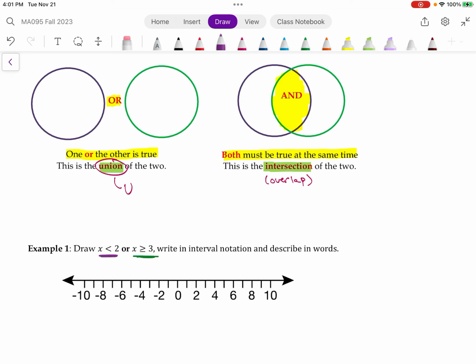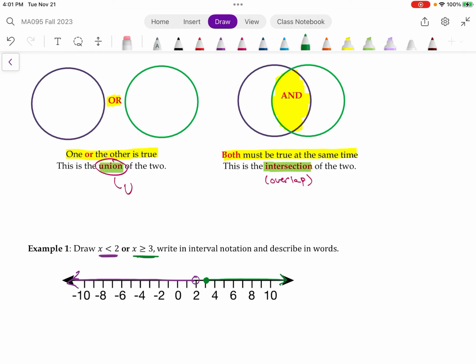Okay, so X is less than 2, so we're going to have an open circle on the 2, and it is going to go to the left. All right, or X is greater than or equal to 3. Greater than or equal to, we're going to put a closed dot, and we're going to go to the right.